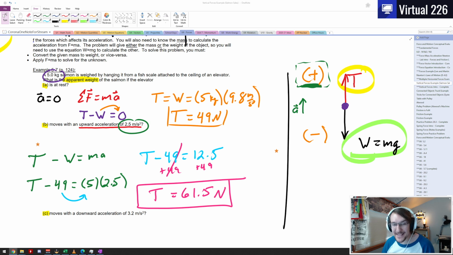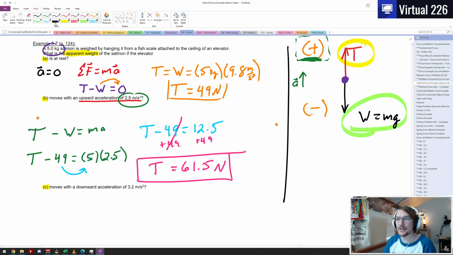It's still the same salmon, but it looks like it weighs more because the apparent weight is larger. So if you bought this salmon when the elevator is accelerating upward, you're going to overpay. You're going to overpay by like 10 to 12% on the salmon. Now, if you're the clever physicist, you can kind of get around this.